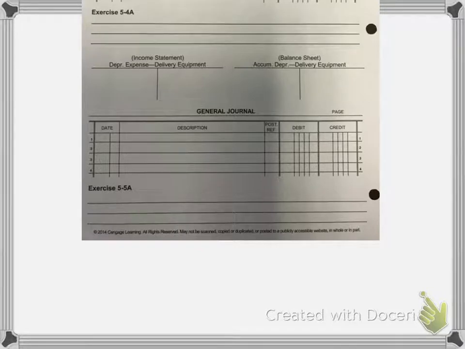So before we can make the adjusting entry for depreciation, we must calculate depreciation. So just like we just discussed, step 1 is going to be to determine the depreciable cost. And depreciable cost is going to be the original cost minus the salvage value.